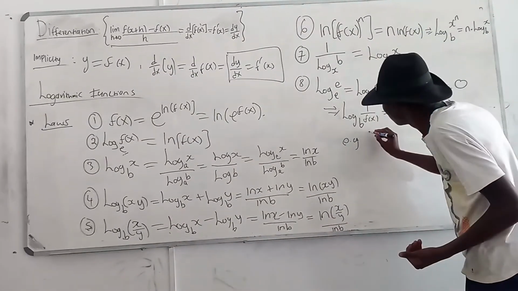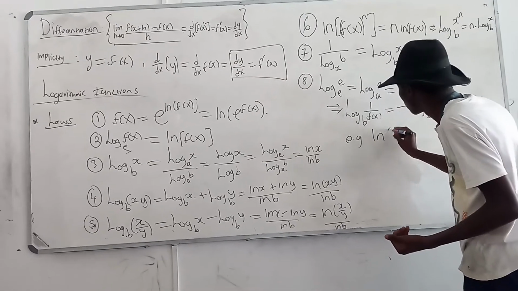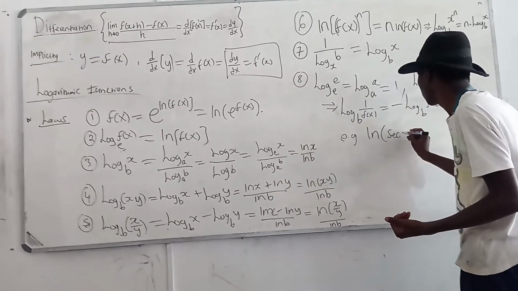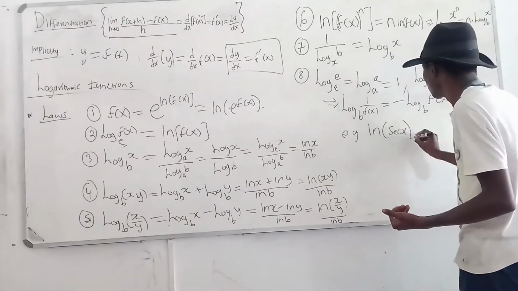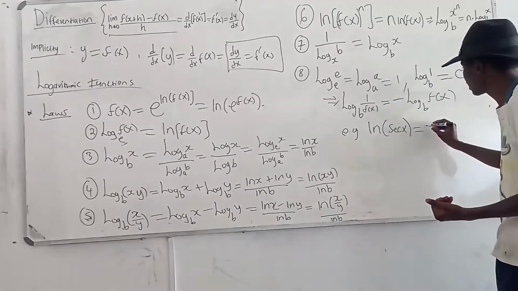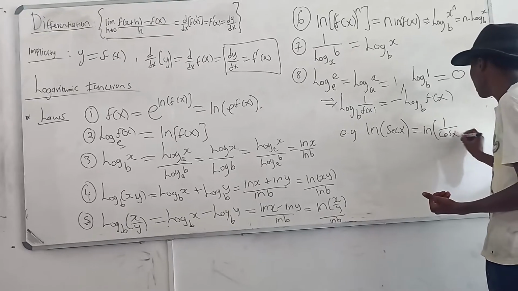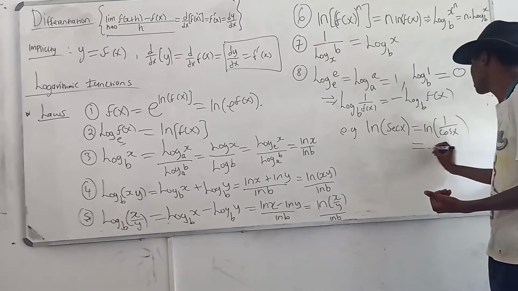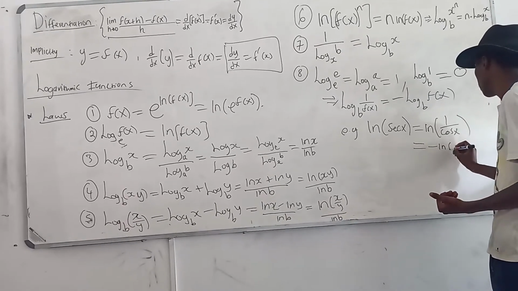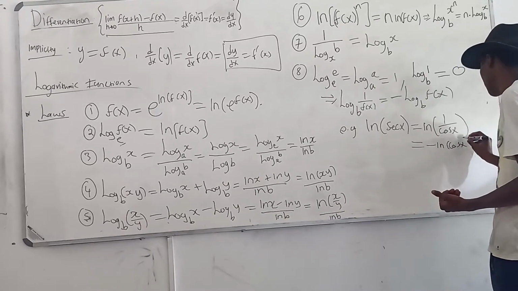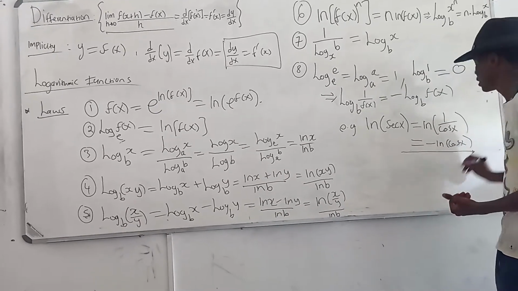So referring to the ln of sec x, the ln of sec x is nothing but the ln of 1 over cos x, which is directly the same as negative ln cos x. Hopefully you understand.